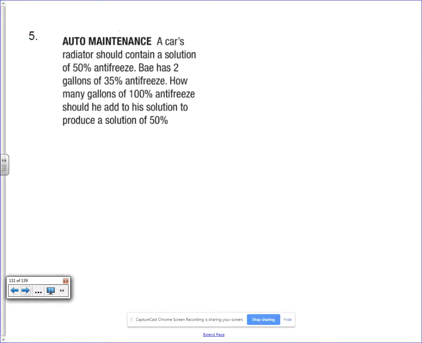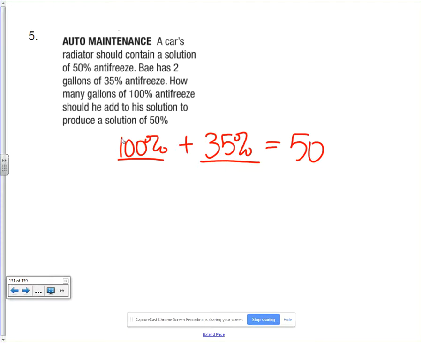How many gallons of 100% antifreeze is going to be added with the 35% antifreeze to make the recommended 50% antifreeze? Okay, I have 2 gallons of the 0.35.